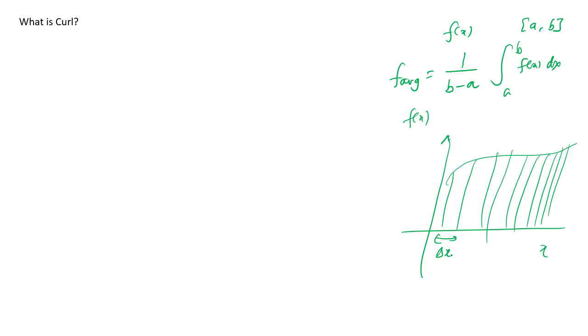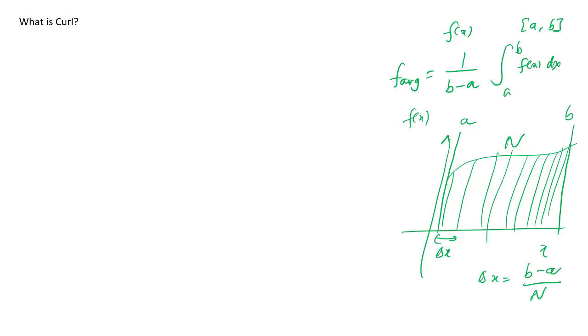We're looking at the function between two points a and b. If I divide this into n tiny segments, then delta x is essentially b minus a by n.